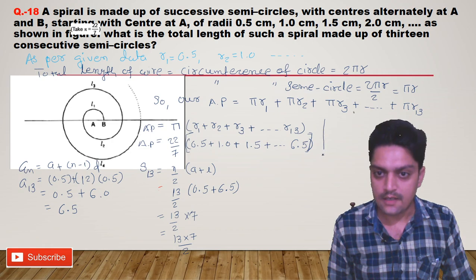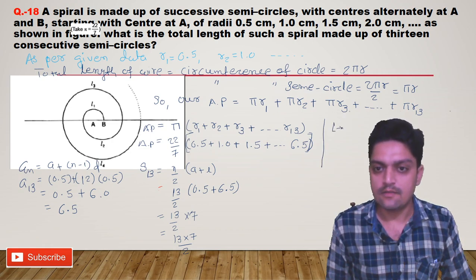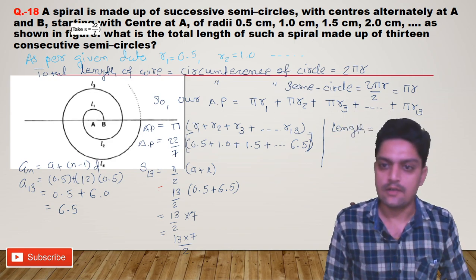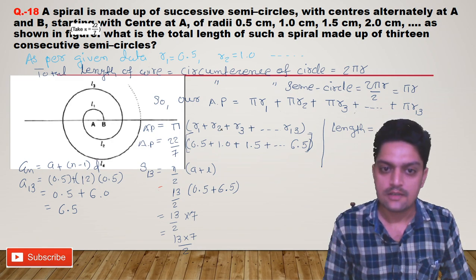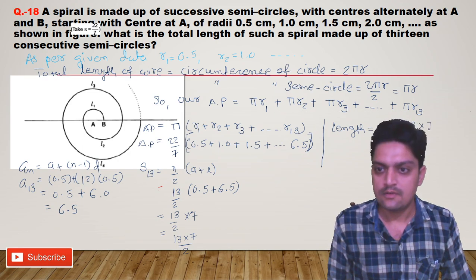You have to write here length is equal to 22/7 into, see, now this value you have to substitute, that is 13 into 7 by 2.